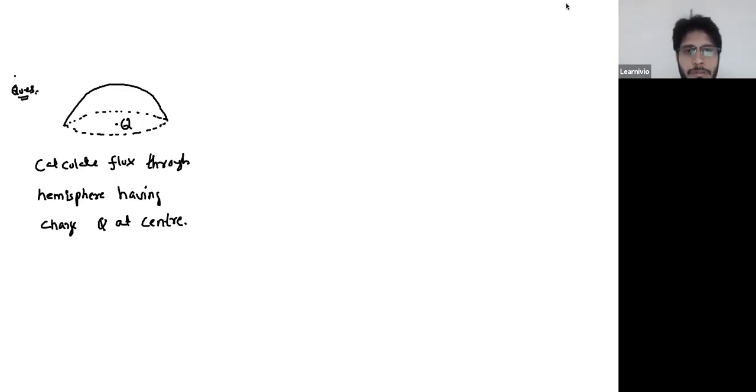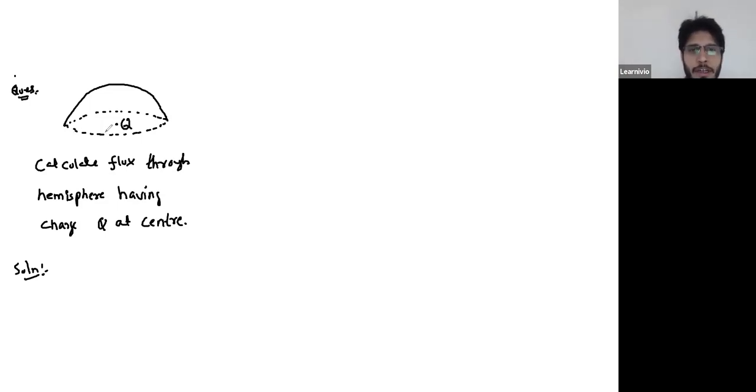No answer. See, Afroza, is this hemisphere a closed surface or an open surface? It's like a bowl. It's an open surface. If you take a bowl, it's open from above.